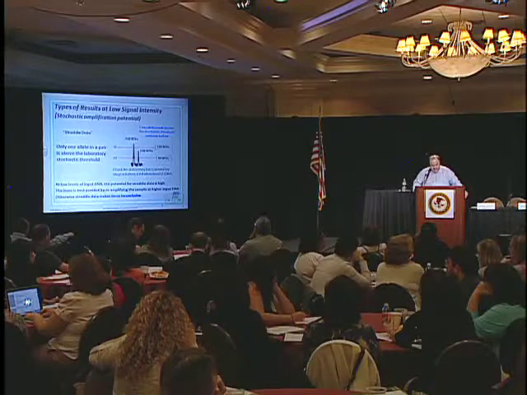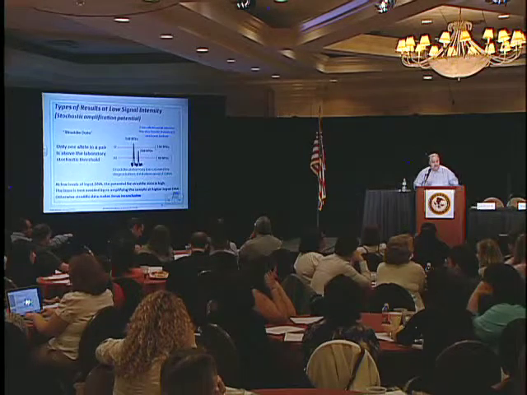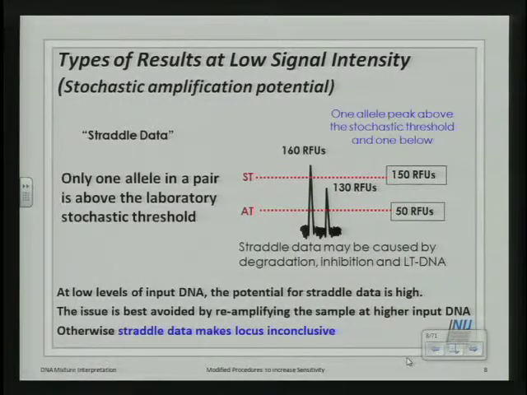But at this low level, the potential for having this type of straddle data is high. So it's best, if you have this situation, to re-amplify and try to get more input DNA. Otherwise, especially if you're using exclusionary statistics, this would be a locus that would not be usable for statistics. So that locus would be inconclusive.